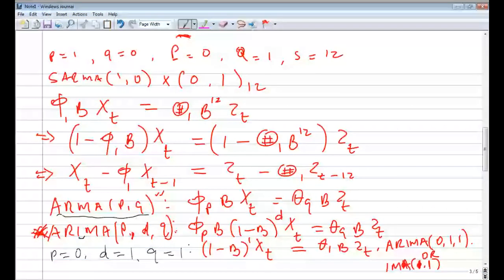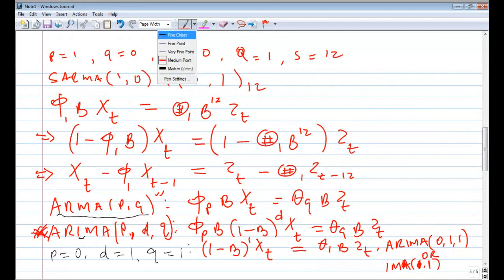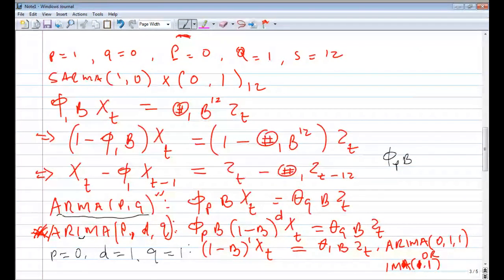Yes. You know why it is different? Here for the general one, you have got phi p, which is the order of autoregressive. We are generalizing it. We are taking all of them, 1, 2, 3, 4, 5 up to p.